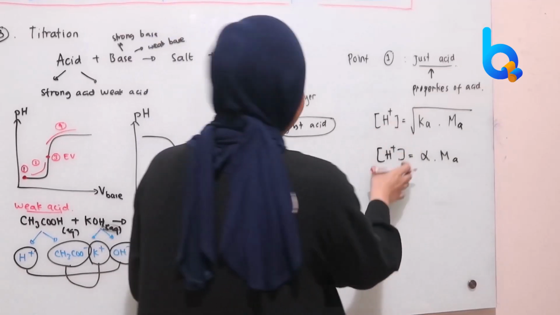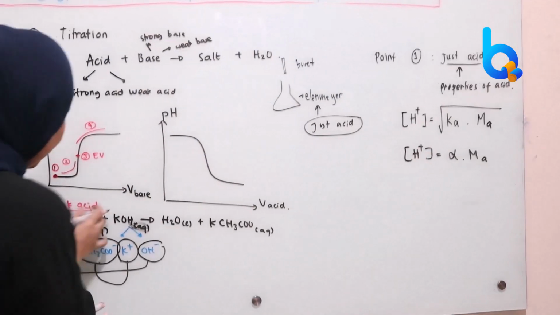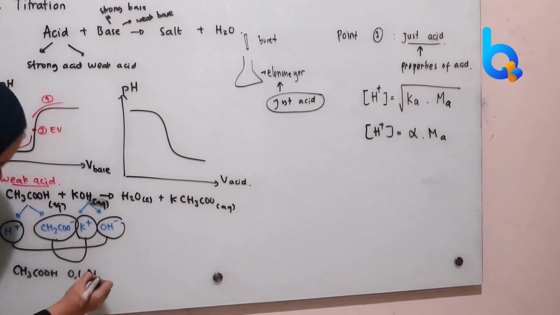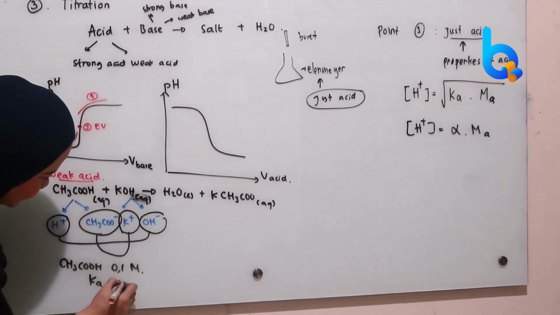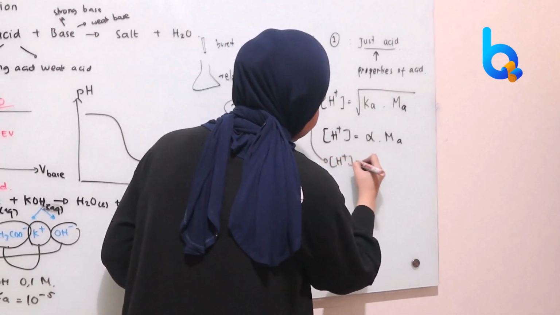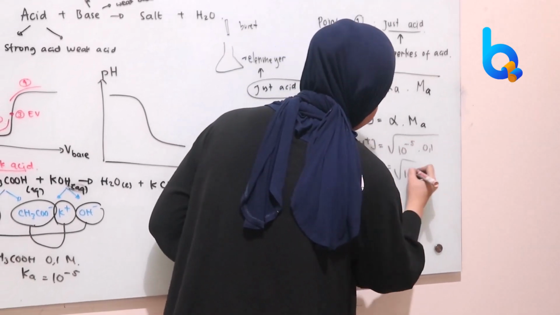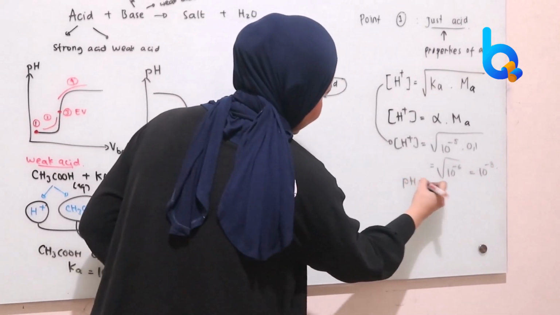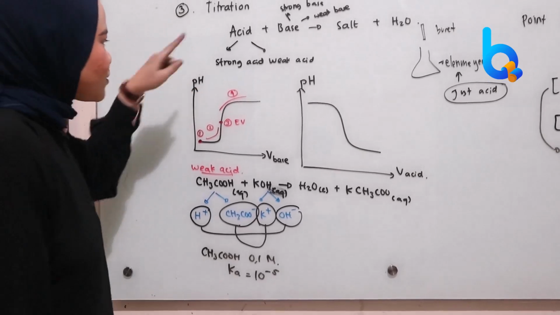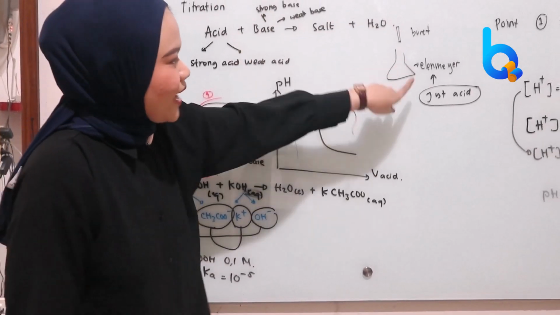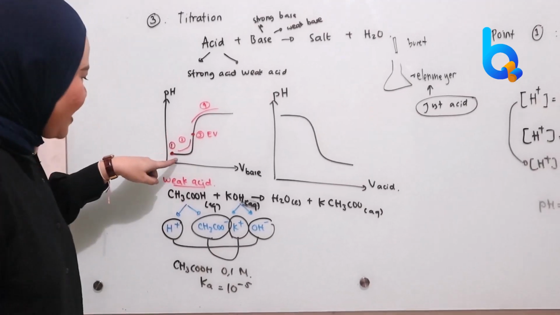Okay, if this acid is 0.1 molar, and then pH also the same, so with this equation we have H plus 10 to the minus 5, 10 to the minus 6. So okay, we have pH like 3. Okay, the titration starts, so we put the base one by one into the Erlenmeyer, and then the pH increases.